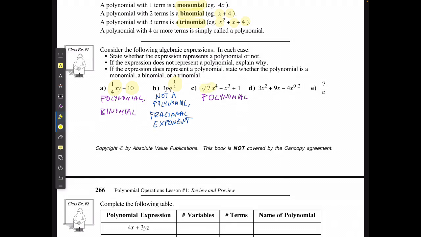And this is made up of 3 terms. This is a trinomial. The fourth one, or D, is not a polynomial. And the reason in this case is because that exponent of 0.2 would just be the fraction of 1 over 5.